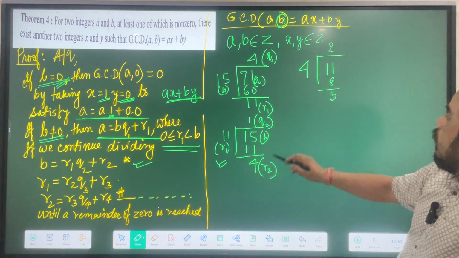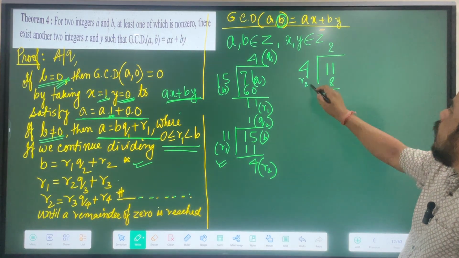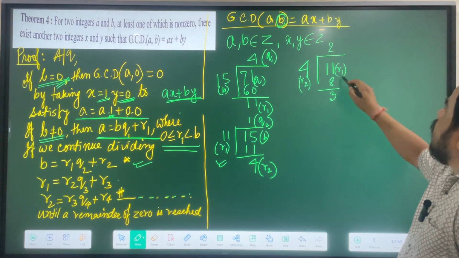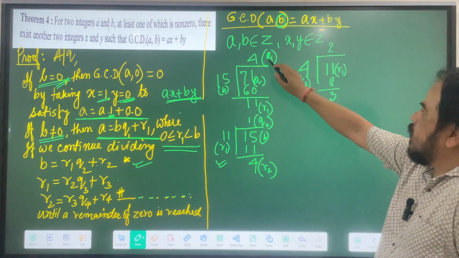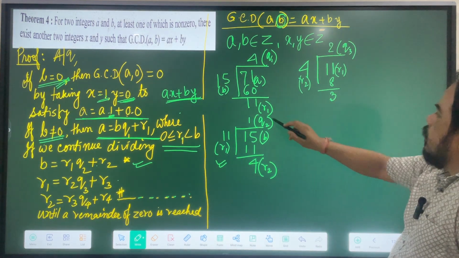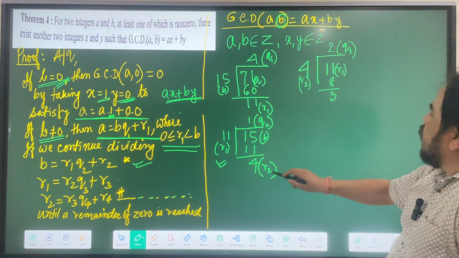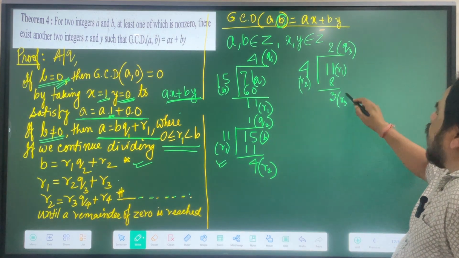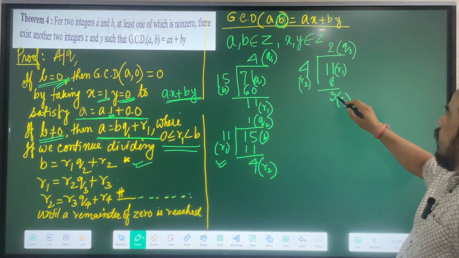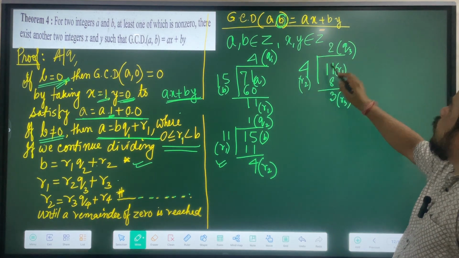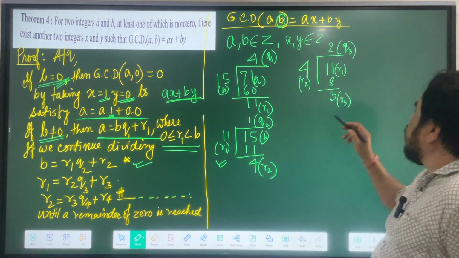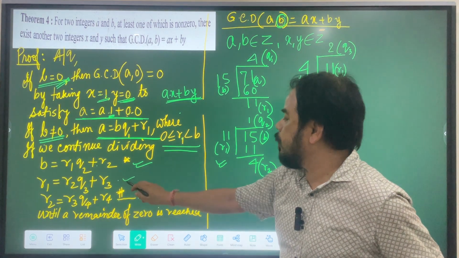Now what is 4? R2. What is 11? R1. First quotient is Q1, then Q2, and this will be Q3. First remainder R1, second remainder R2, third remainder R3. So 11 is equal to 4 into 2 plus 3. That is, R1 is equal to R2 into Q3 plus R3. This one also I hope you understand.